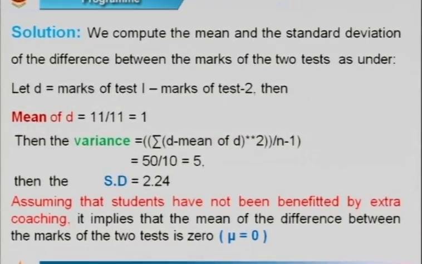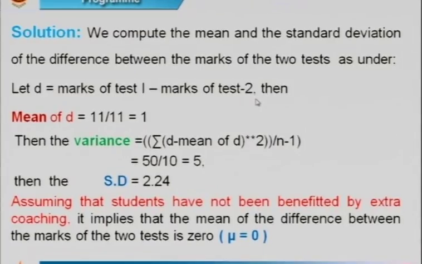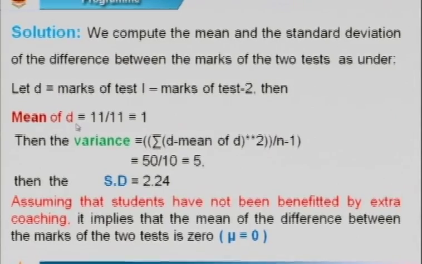Now, what we do with this data, we make a single series from the given two series of observations by taking the difference between the two tests, that is first test and second test, otherwise second test minus first test. Then for that, let me take D, the difference, marks of first test minus marks of second test, and I will calculate whatever value of D comes.